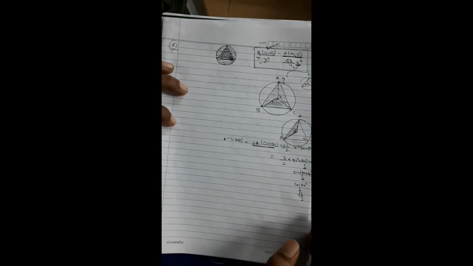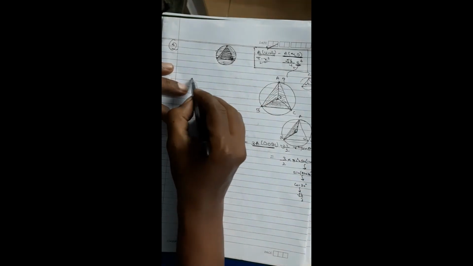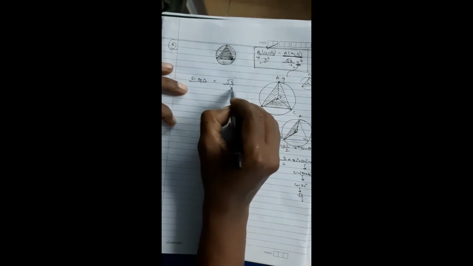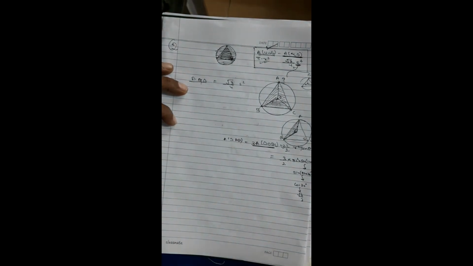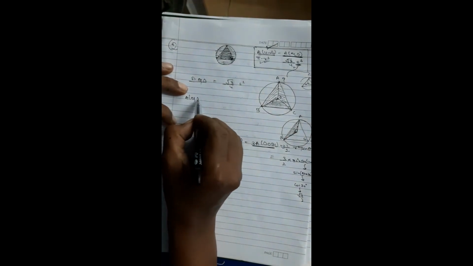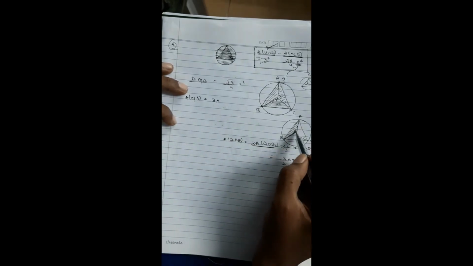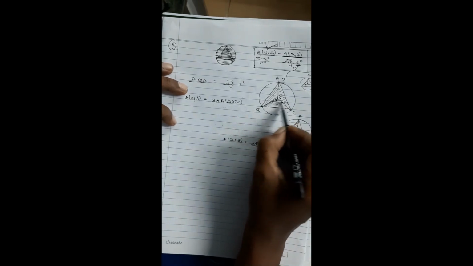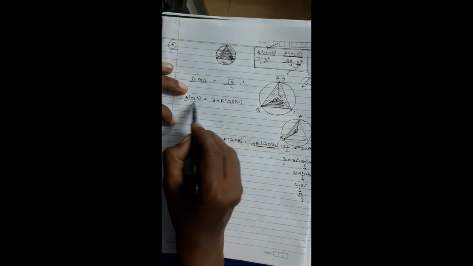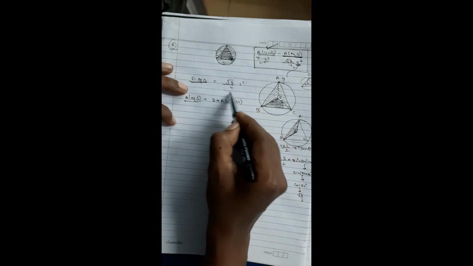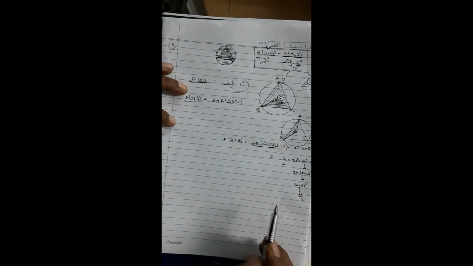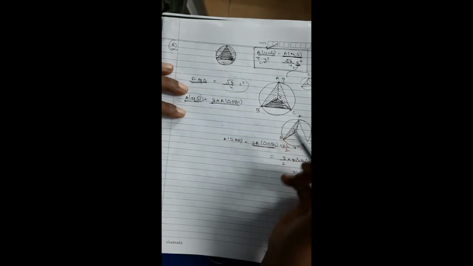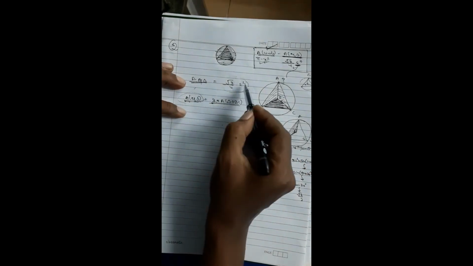See what I am doing, my dear students. I am finding the area of an equilateral triangle in two ways. The area of an equilateral triangle is root 3 upon 4 side square, this is one, and the area of the equilateral triangle is also equal to 3 into the area of triangle OBC. Whatever said and done, both are the area of the equilateral triangle, so I will equate these two.